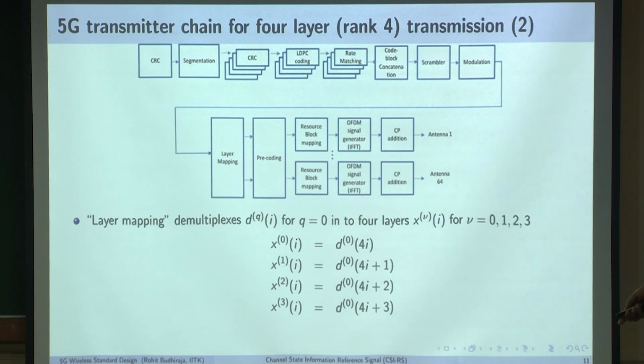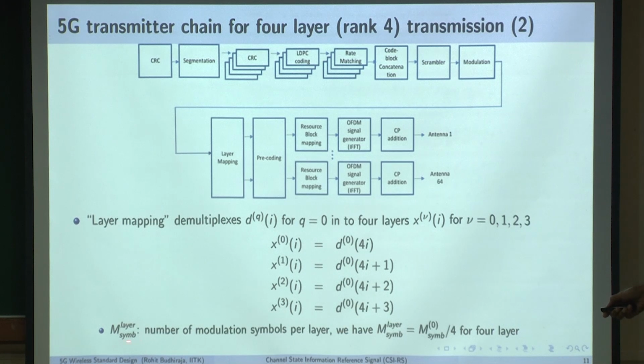So, M layer symbol: what will happen? The number of modulated symbols per layer will be how many? If the rank is 4, you are taking those symbols and demultiplexing. The number of symbols in each layer will be the total number of symbols divided by the rank. So in this case it will be M0 symbols by 4 for 4 layers.